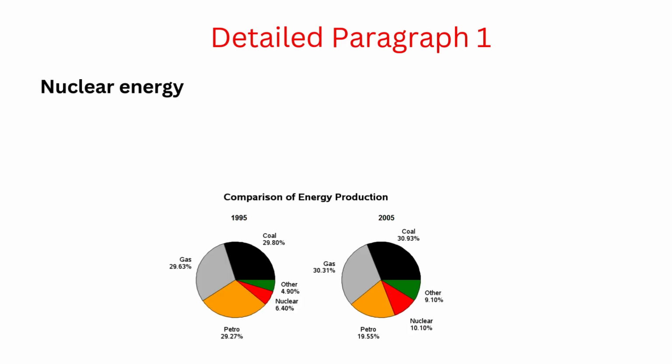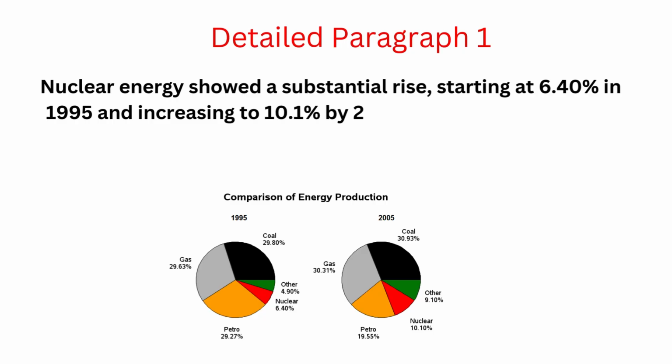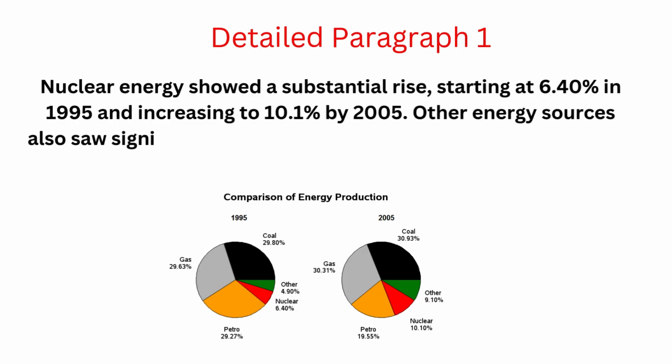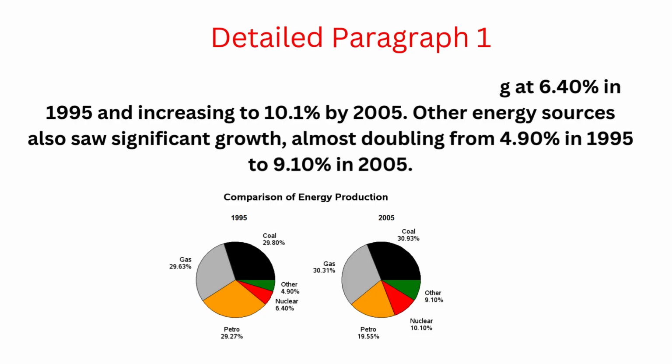Nuclear energy showed a substantial rise, starting at 6.4% in 1995 and increasing to 10.1% by 2005. Other energy sources also saw significant growth, almost doubling from 4.9% in 1995 to 9.1% in 2005.